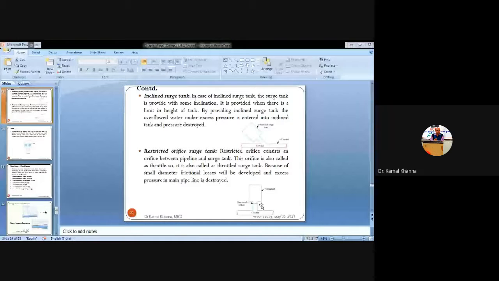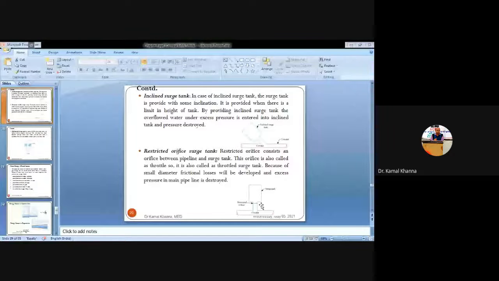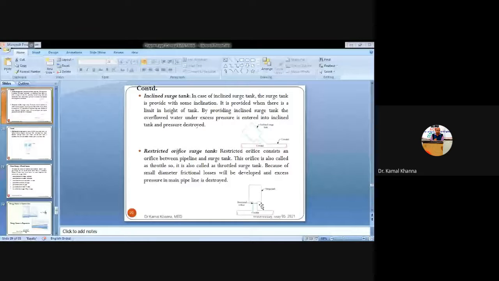This orifice is placed in between the surge tank and the conduit, and as soon as the water enters from the conduit to the surge tank, its area is less at the entry, and therefore we have reduced the pressure, and our purpose was to decelerate and destroy the momentum of the water which is being transferred from the higher height to the lower height. So this was the main purpose of installing the orifice, and this is why it is also known as the restricted orifice surge tank.